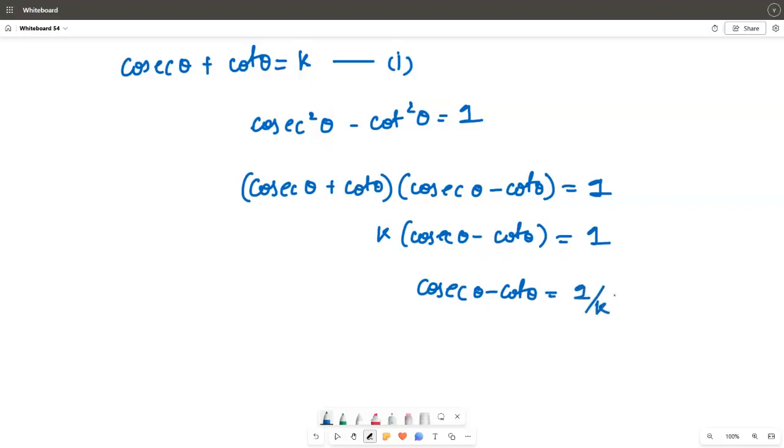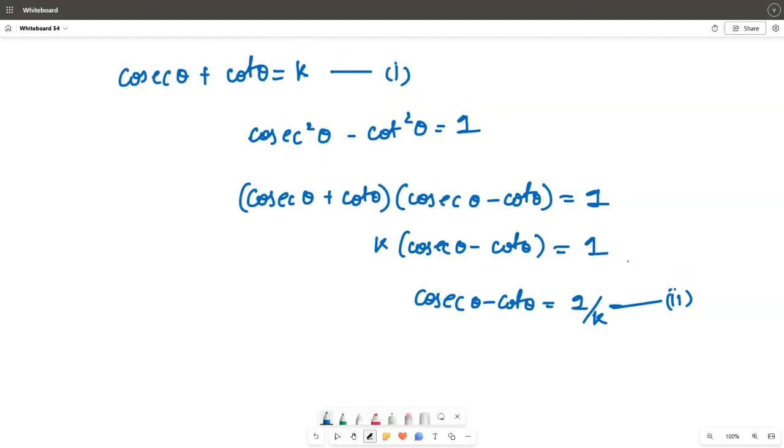Next, I will consider this as the second equation. I want the values of cot and cosecant separately, because if I divide cot theta by cosecant theta, then cot theta is cos theta by sin theta, and cosecant theta is 1 by sin theta.